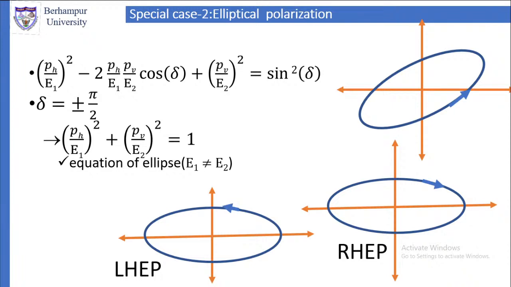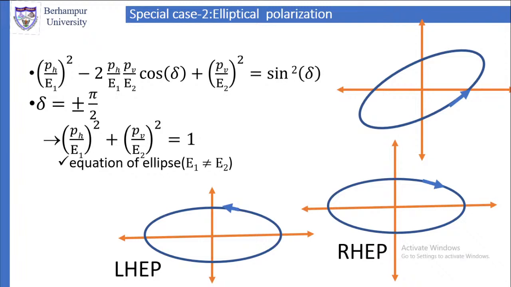On the other hand, when the wave is moving away from us, but the tip is moving in the clockwise direction, we call it right-hand elliptical polarization. How do you know that? How do you define this? Or why we define this in such a manner is very simple.